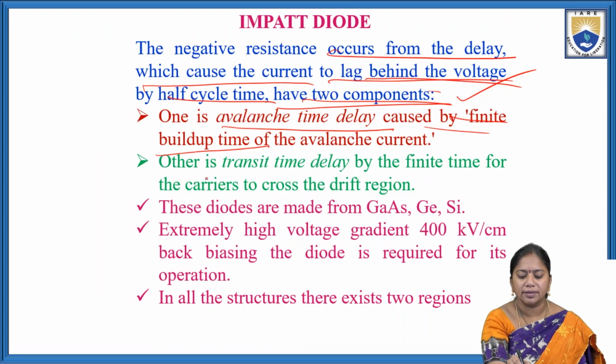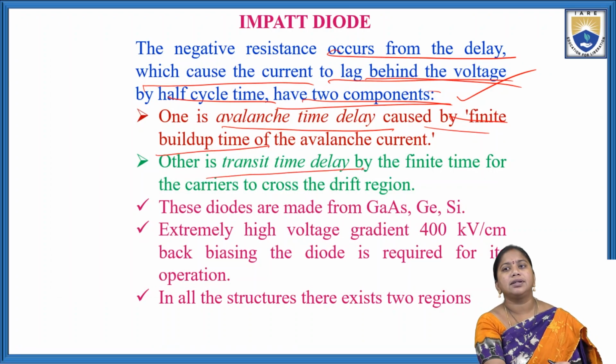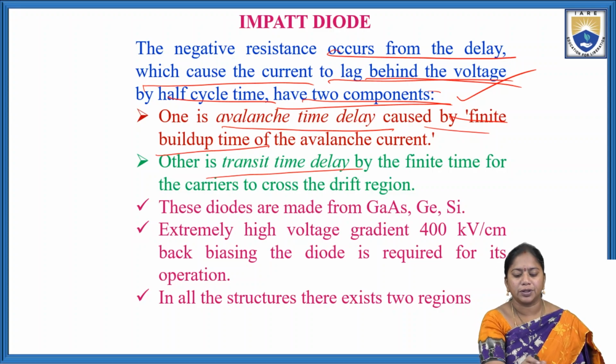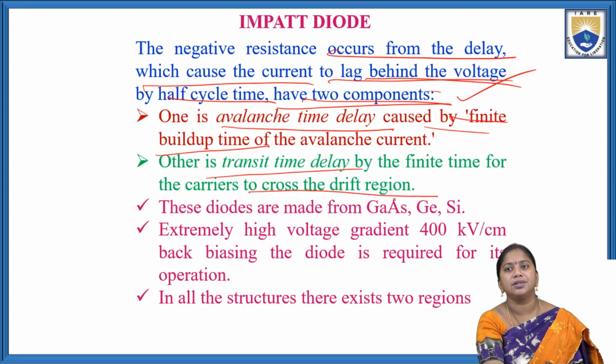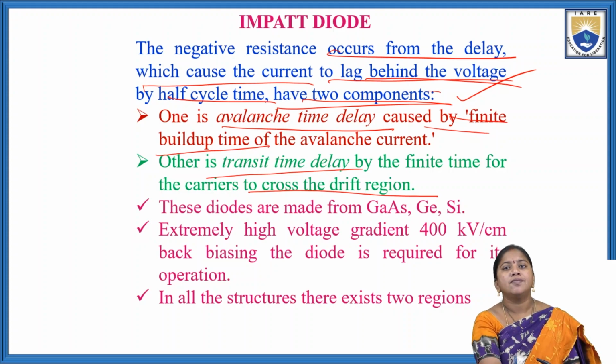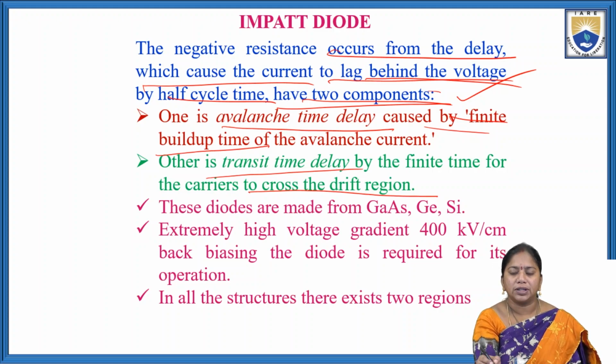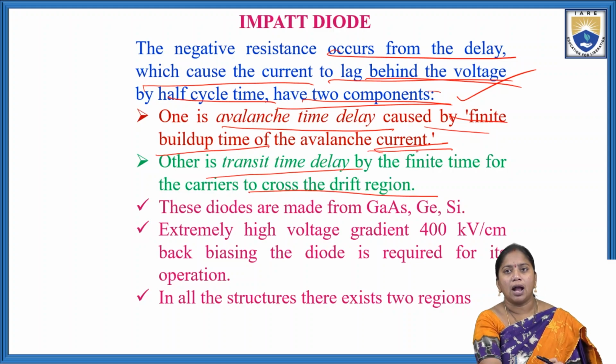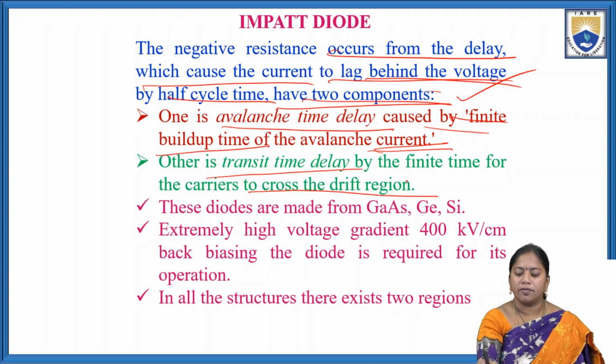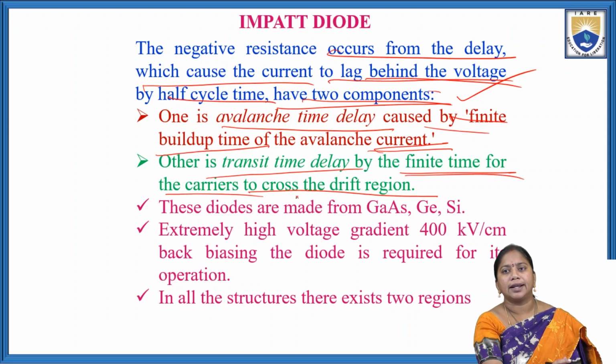The second one is the transit time delay, which is caused by the finite time the carriers take to cross the drift region.